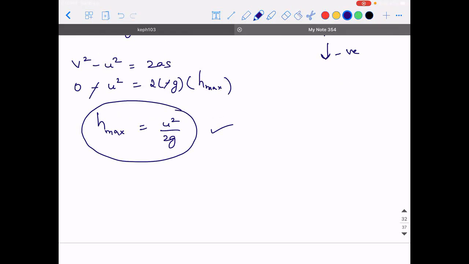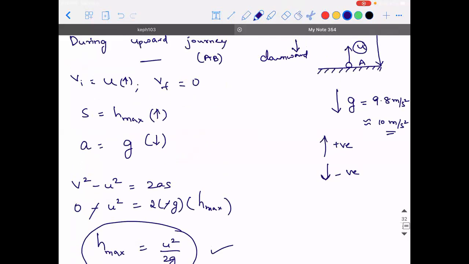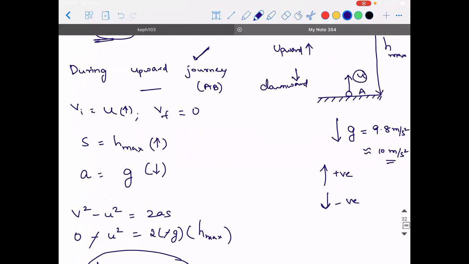Why are we putting it as minus g, sir? Because acceleration due to gravity is in the downward direction. Any vector in the upward direction is positive, any vector in the downward direction is negative.